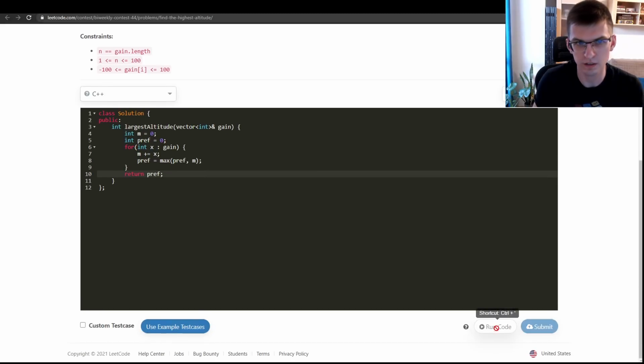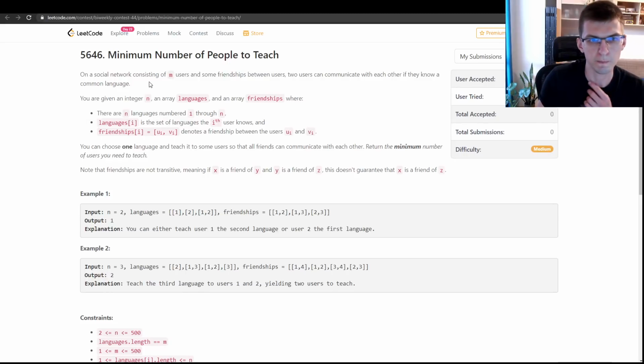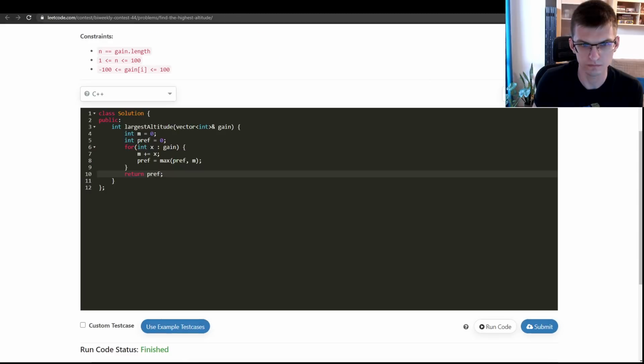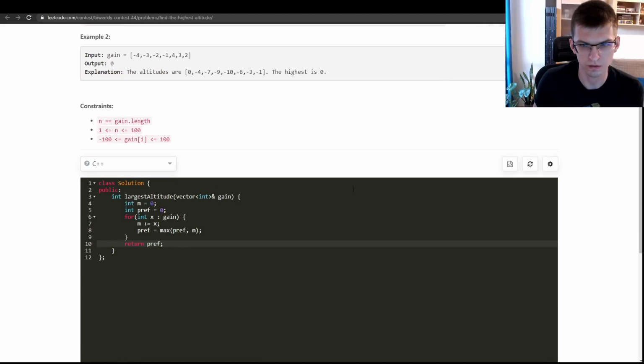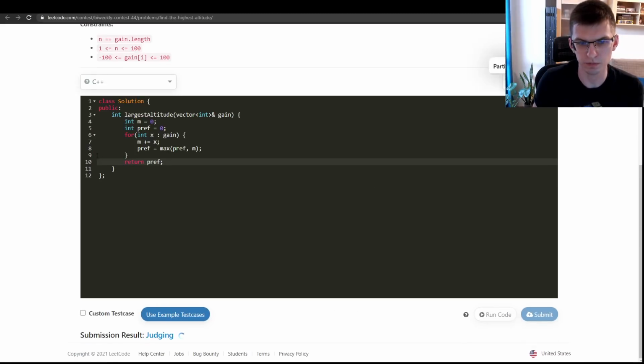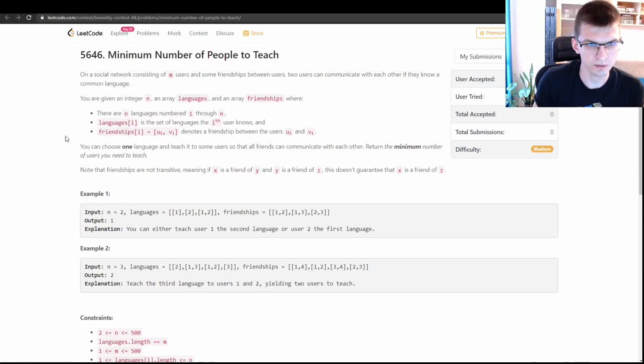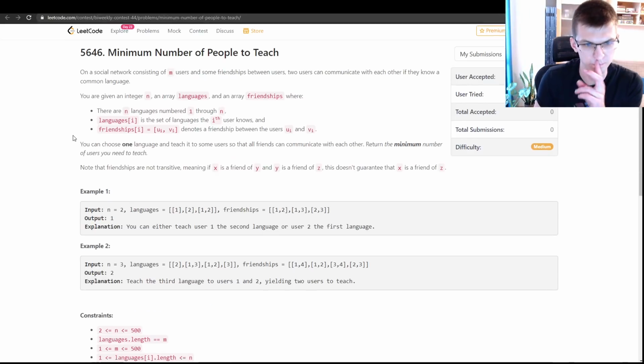Prefix this. One and 0 will be fine. Except that, move on to the second problem.